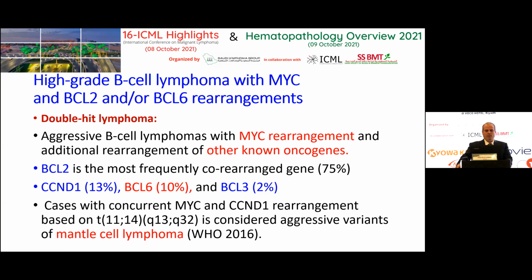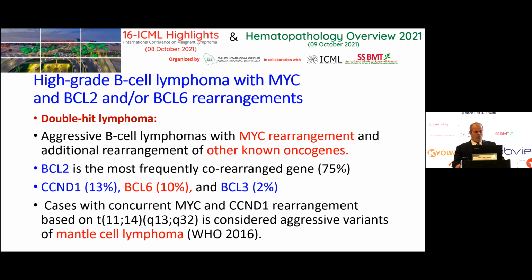This is the definition of high-grade B-cell lymphoma. So double hit lymphoma should have MYC gene rearrangement with BCL2 or BCL6. It is aggressive, with MYC gene rearrangement in addition to other known oncogenes, which are BCL2 and BCL6. However, MYC can be rearranged with other genes like CCND1, which is characteristic for mantle cell lymphoma, and can be rearranged with BCL3 also in 2% of cases.